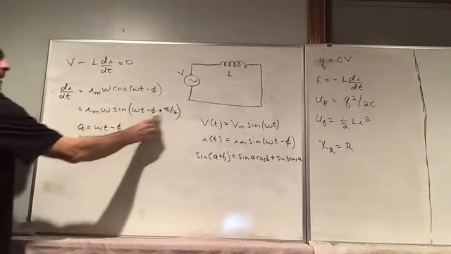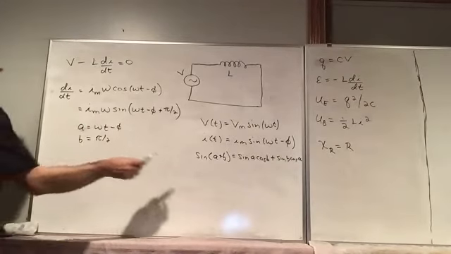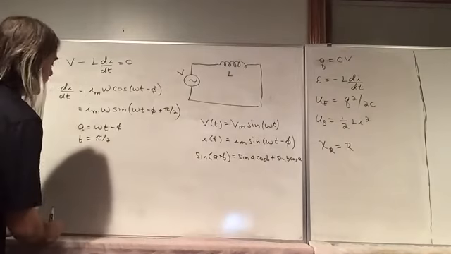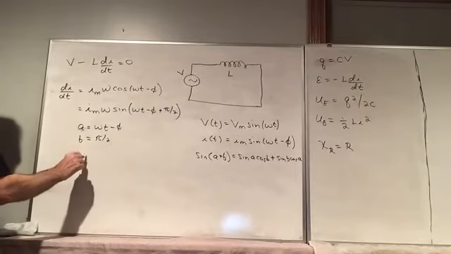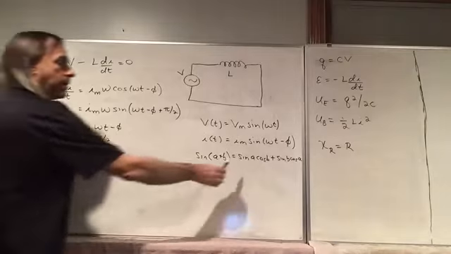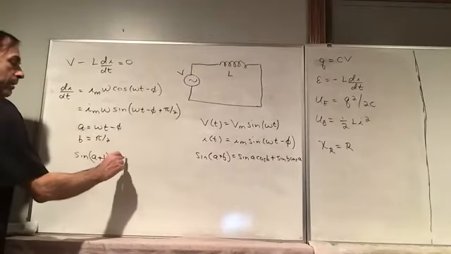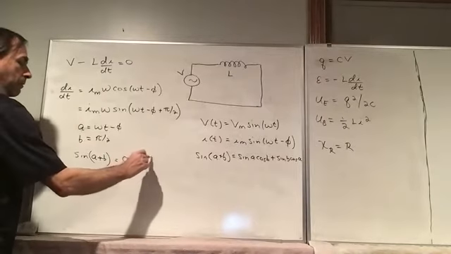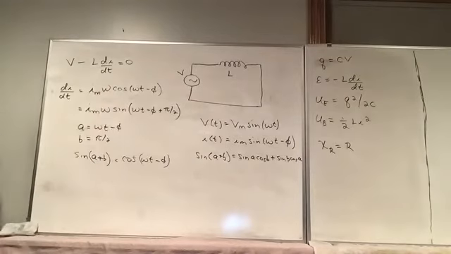So here we have sine A plus B, and that will give us sine A cosine B. Cosine of B is 0, so we can neglect that term. So we have sine of B, which is 1, and then we have cosine of A. So yeah, these two things are equal.